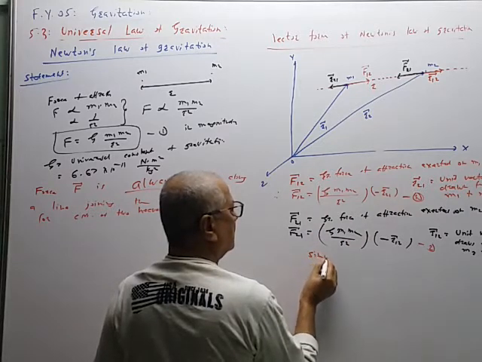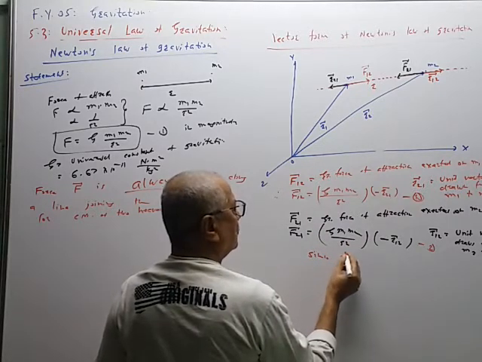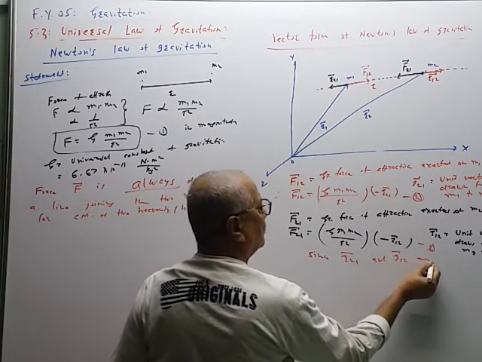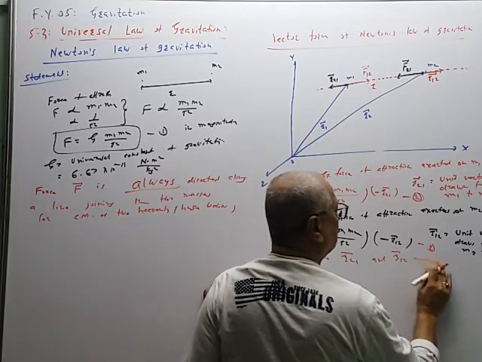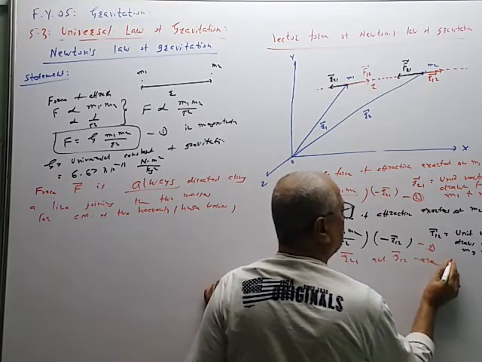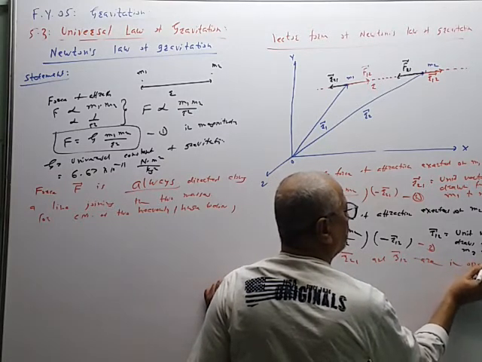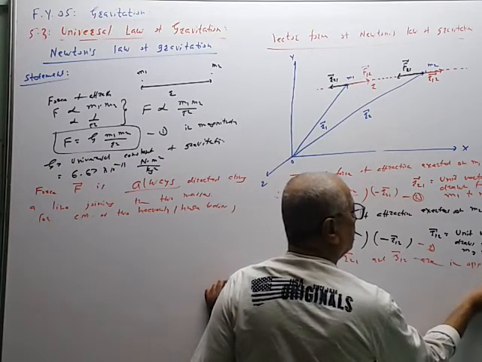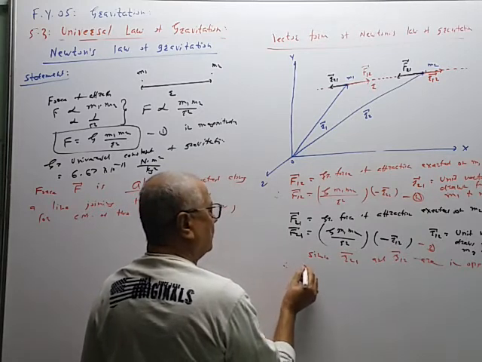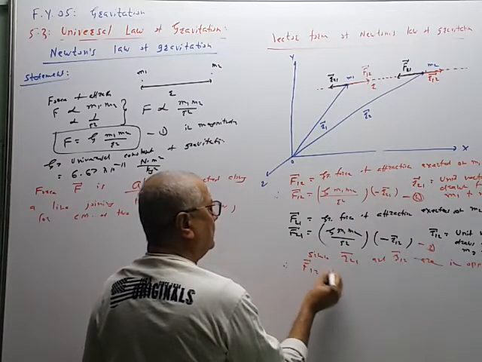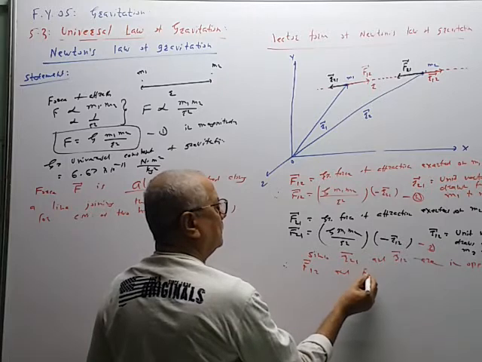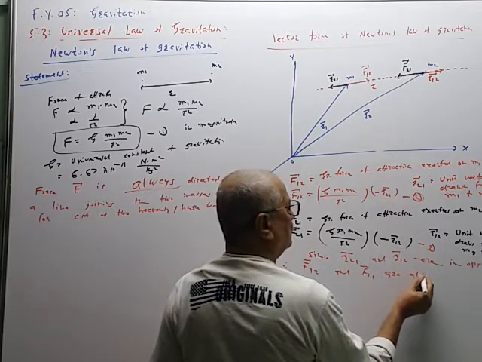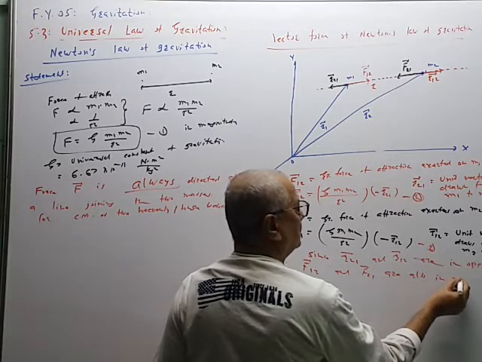Since r21 and r12 are in opposite direction, therefore F12 and F21 are also in opposite direction.